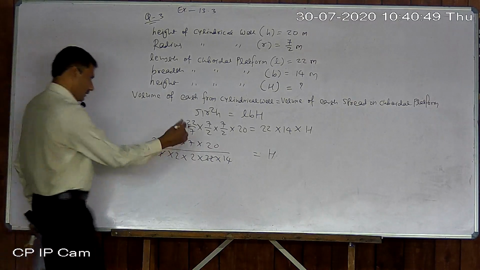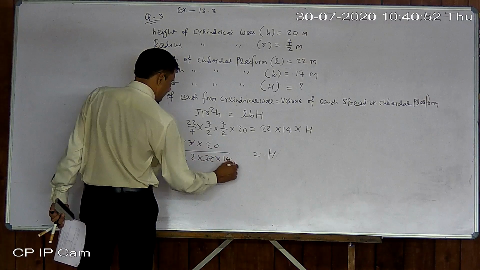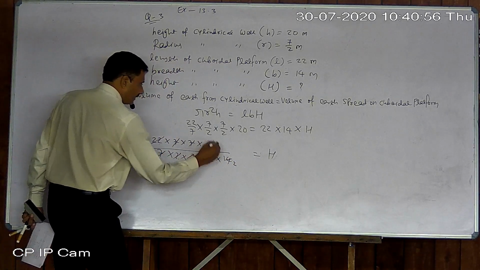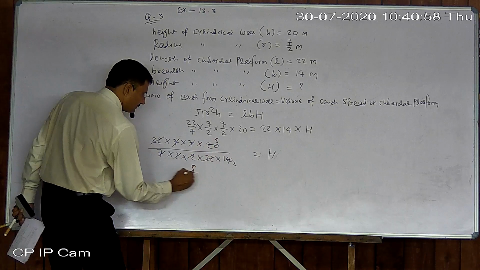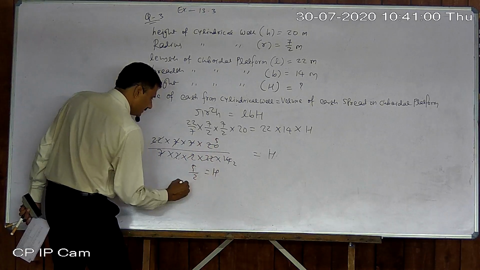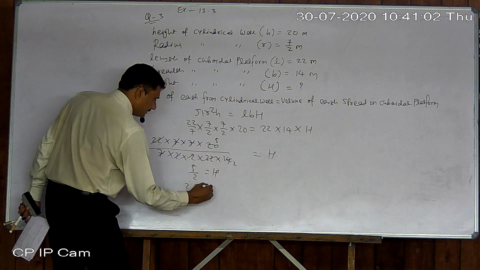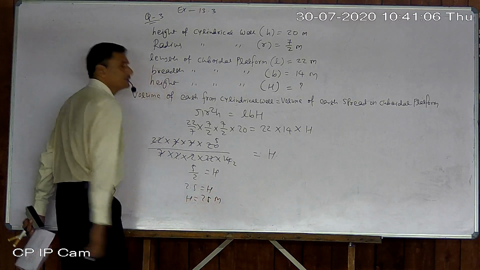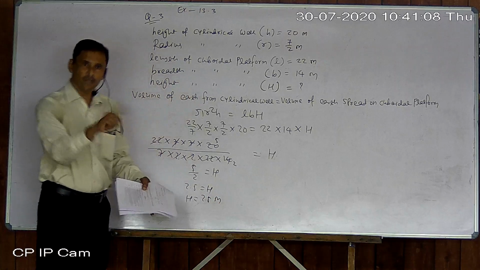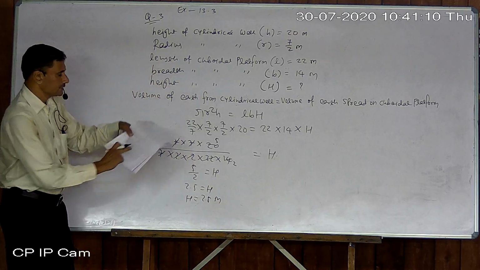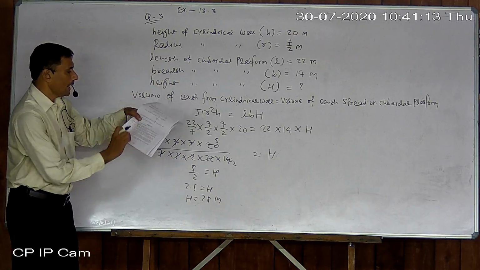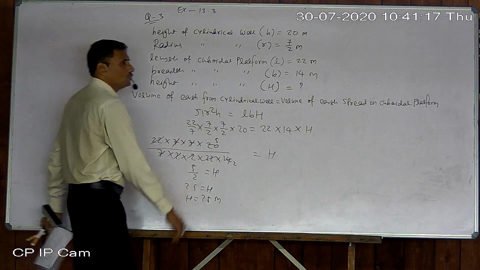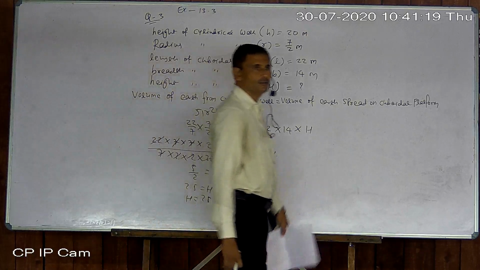Now 7 into 14, 2 into 4, 4 fives are 20. Whatever is left, 5 by 2 means 2.5 meter. Then write the statement: the height of the platform is 2.5 meter.